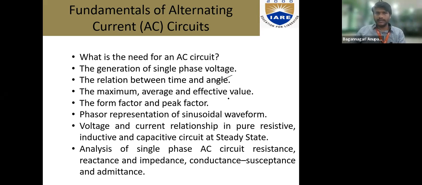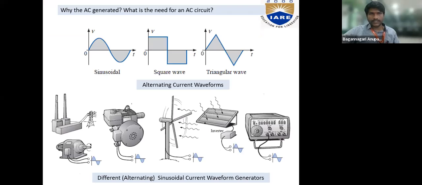So let us go for AC circuits first. Why the AC generator, or what's the need for AC circuits? What is actually AC, or AC voltage? It's alternating current voltage, right?